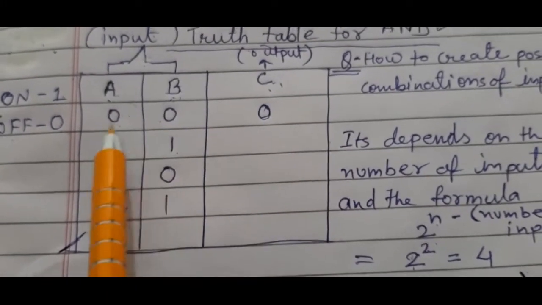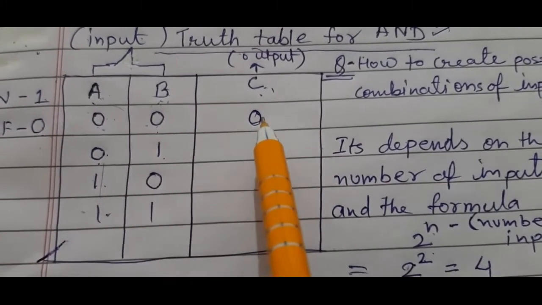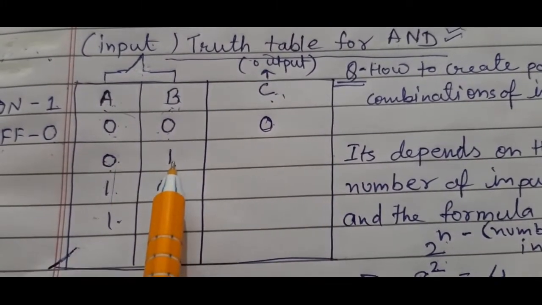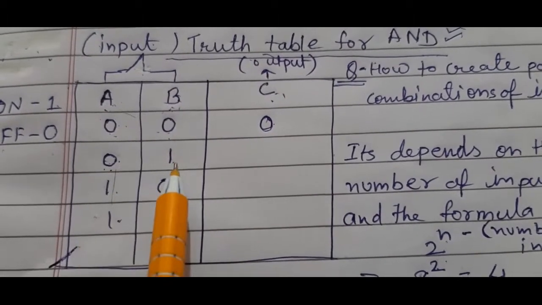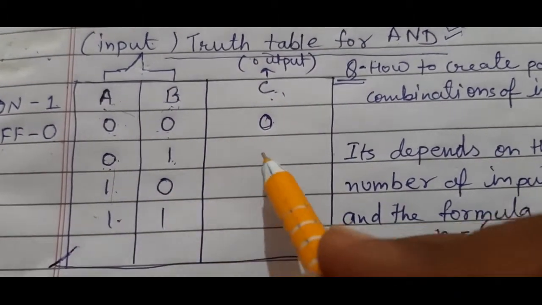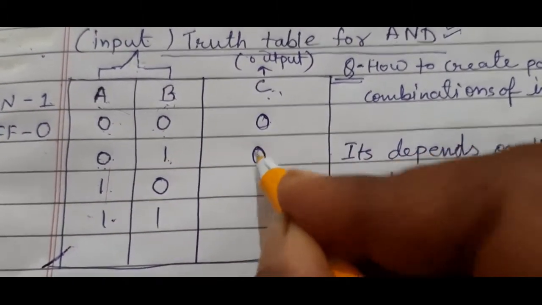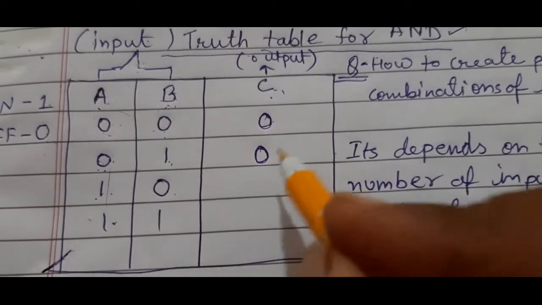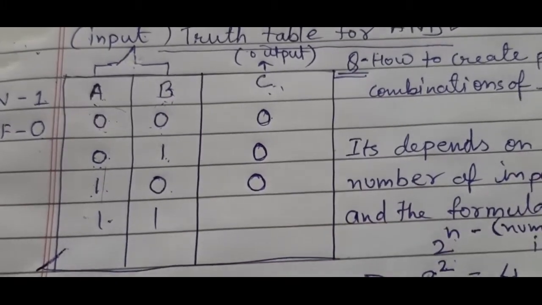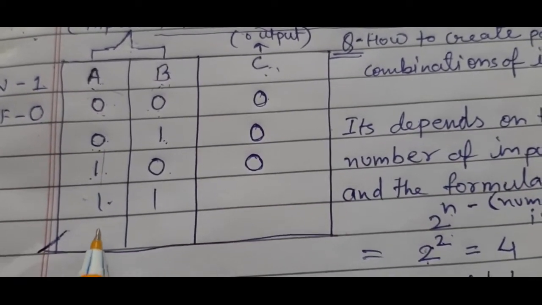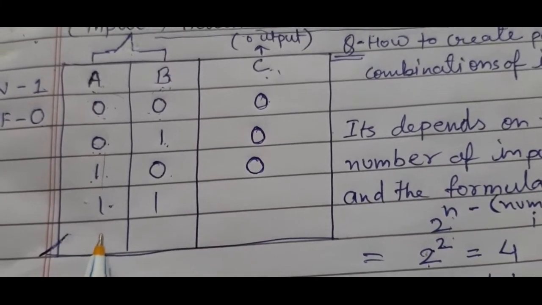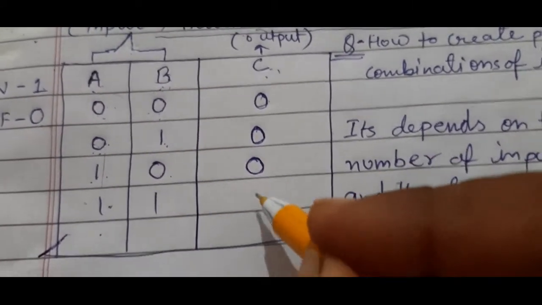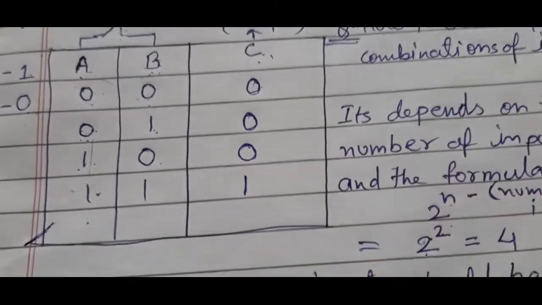Here both are not on, therefore the circuit will be off. In between these 2 digits, one is on and another is off, so again it will be 0. Next, one is on and another is off, then again no output. But here in the last we can see both are on, therefore the circuit will be on.